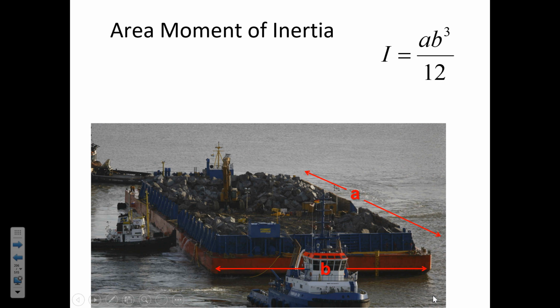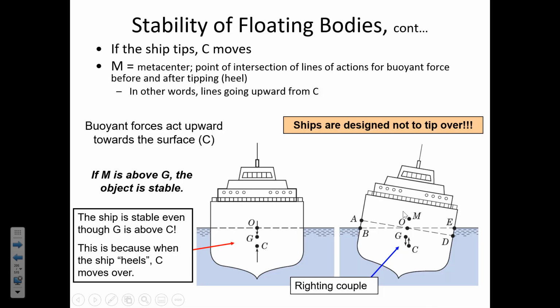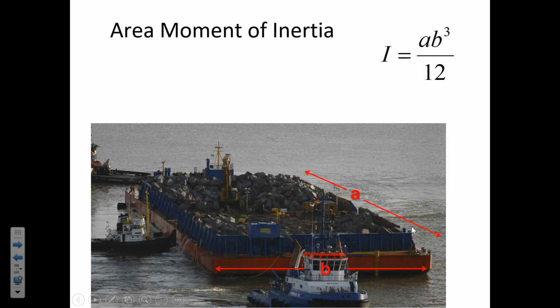Now, to calculate the location of M, we have to take the area moment of inertia into account. And that's something that we've already addressed in one other context this semester. But for stability of floating bodies problems, let's take this rectangular barge as an illustration. This barge looks like it's maybe carrying big blocks of rubble.